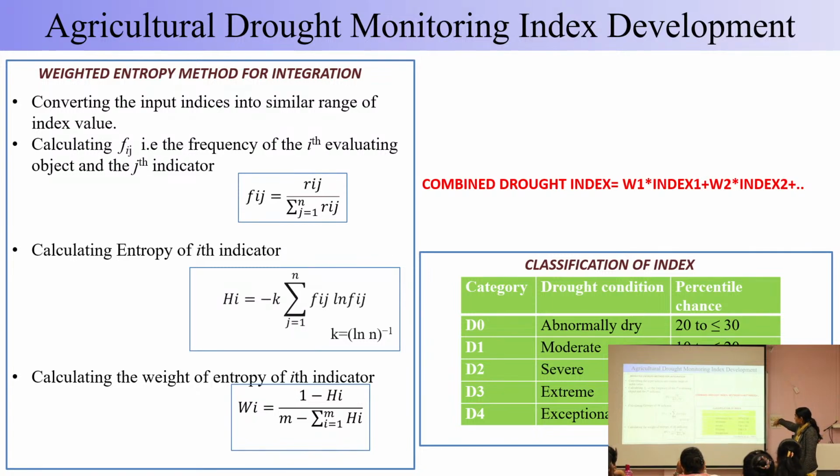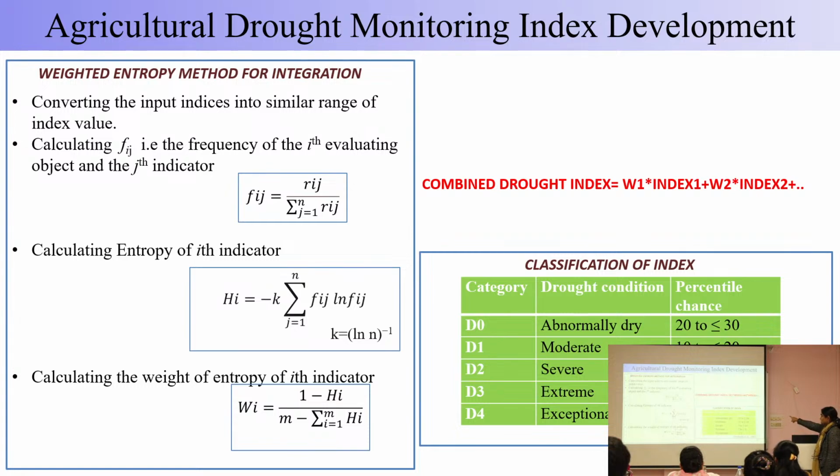For classifying, we take the range and divide it into percentiles. If you have 0 to 1 as the limit for the entire drought index, then less than the 20th percentile of that range would mean a drought situation. Above that, it is no drought situation.